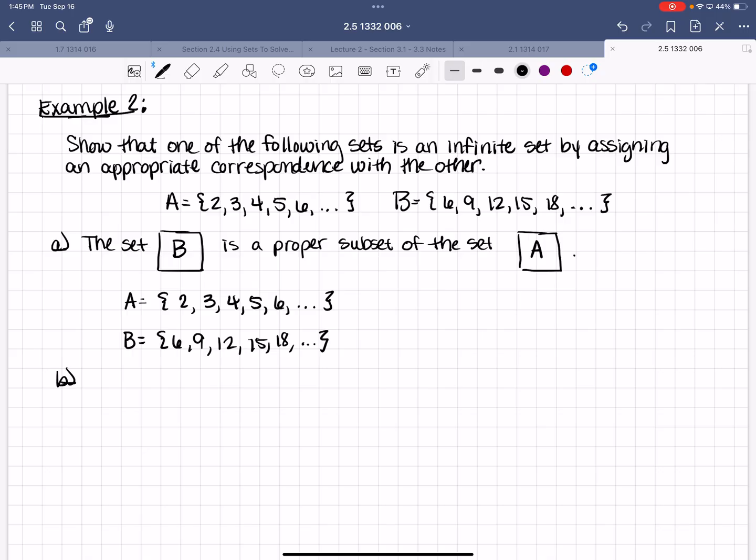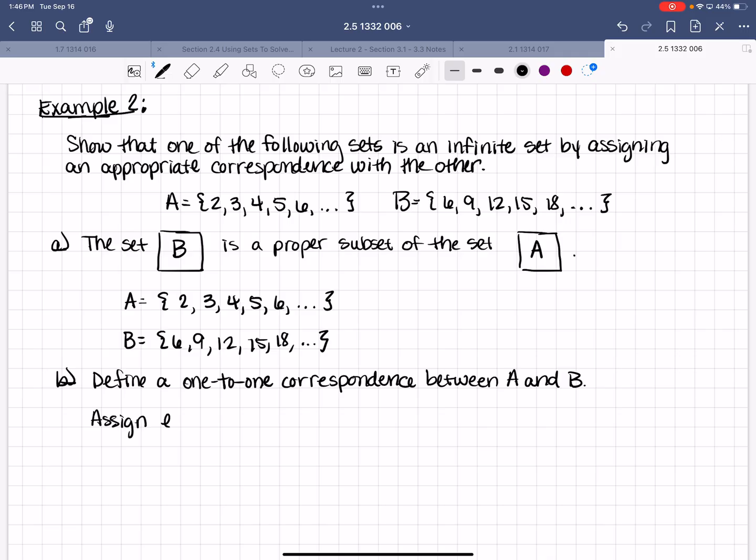It says, define a one-to-one correspondence between A and B. Assign each element, and then I'll let you answer, okay?